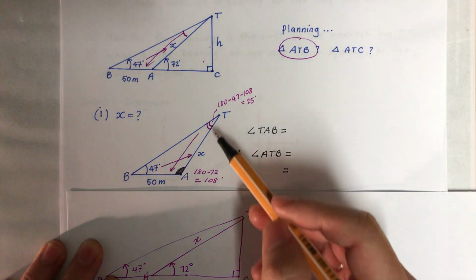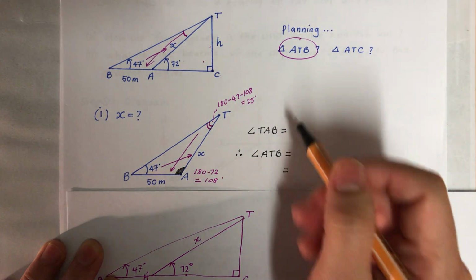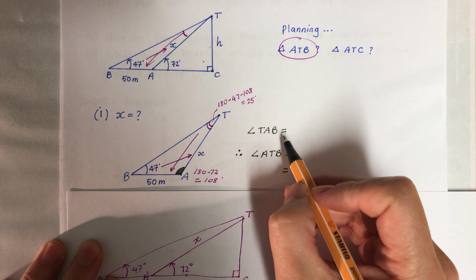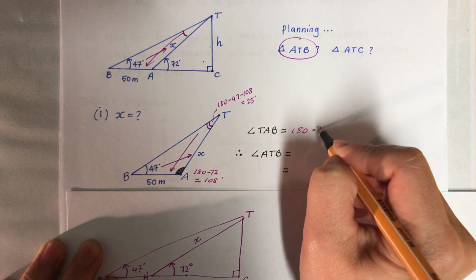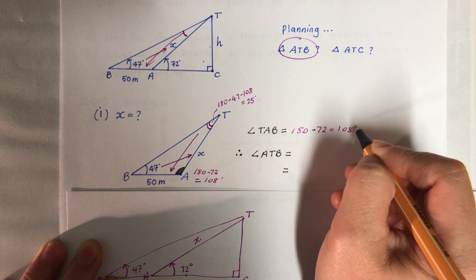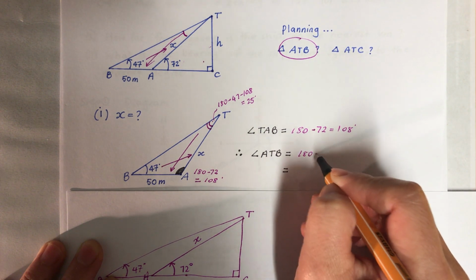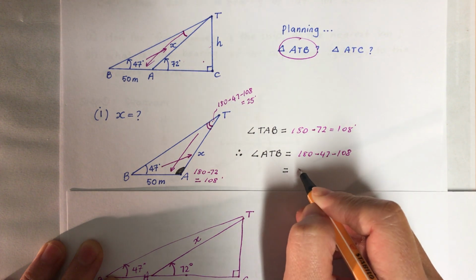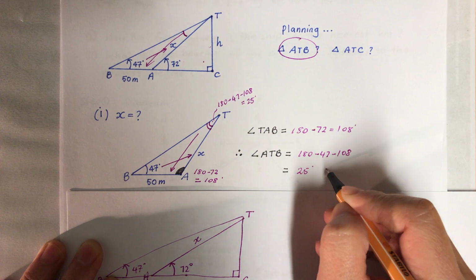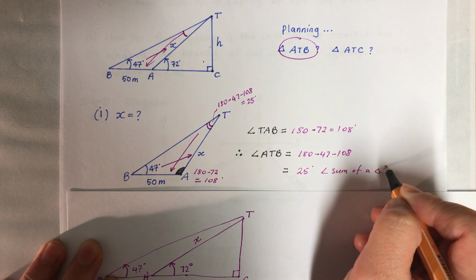Okay, so I've got all the angles I need and the length. So angle TAB will be 180 take away 72, 108, and then angle ATB will be 180 take away 47 take away 108, which will give me 25 degrees, because of the angle sum of a triangle.